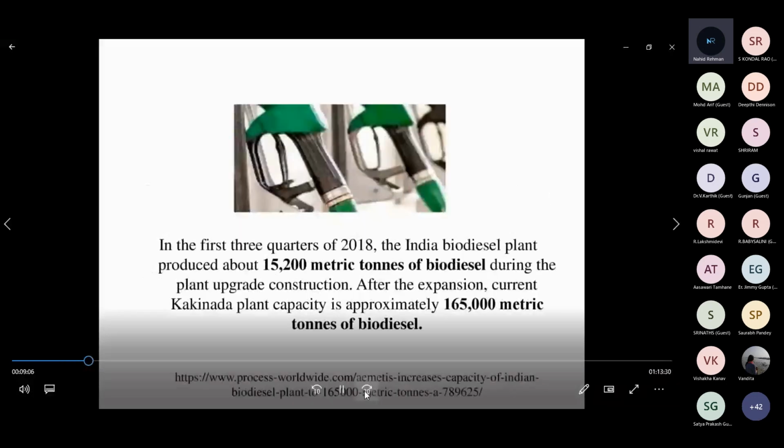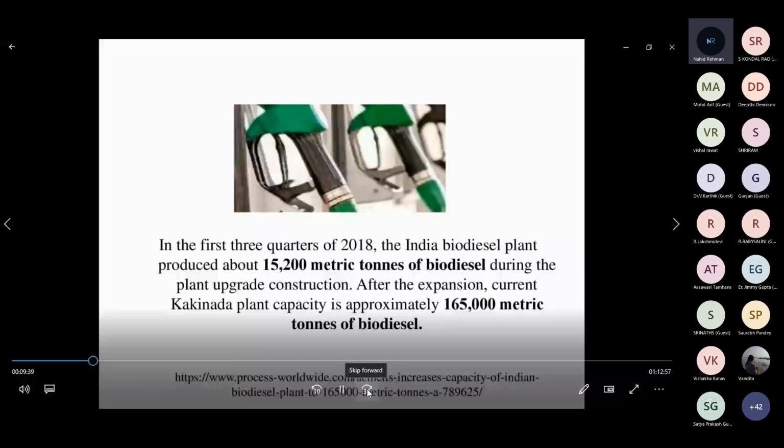Look at this detail that in the first 3 quarters of 2018, the Indian biodiesel plant produced about 15,200 metric tons of biodiesel during the plant upgrade construction. After the expansion, the current Kakinada plant capacity is increased to 165,000 metric tons of biodiesel.